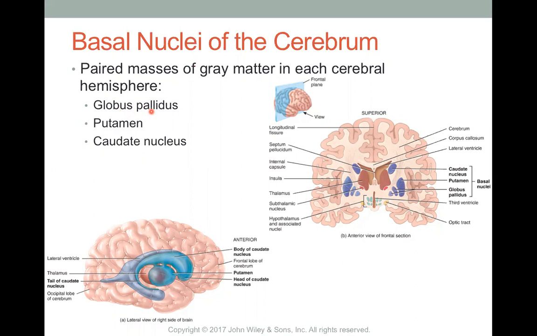And then there is a thin sheet of gray matter situated lateral to this putamen called the claustrum, and it is considered by some to be a subdivision of the basal nuclei. The function of the claustrum in humans has not yet been clearly defined, but we think it may be involved in visual attention. And then this third basal nucleus is the caudate nucleus. So you can see them all gathered here. We will be talking a little bit more about them in a couple other chapters from here.